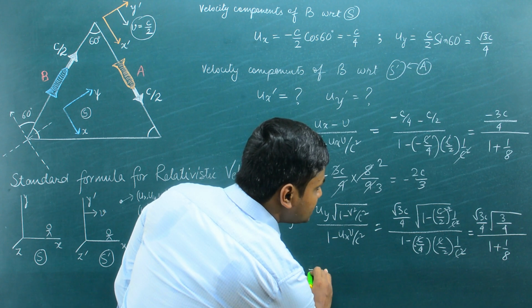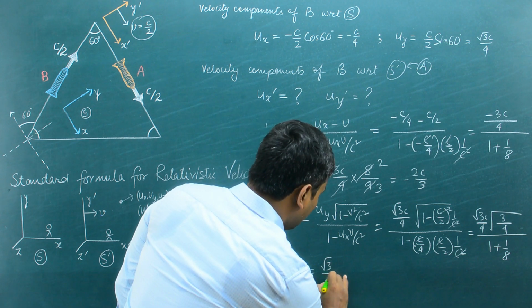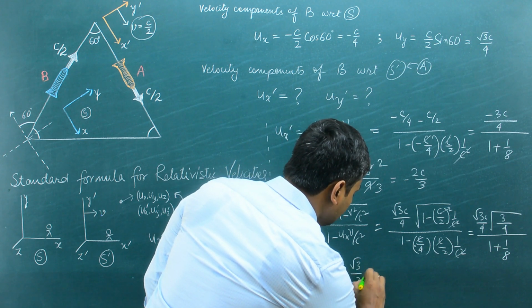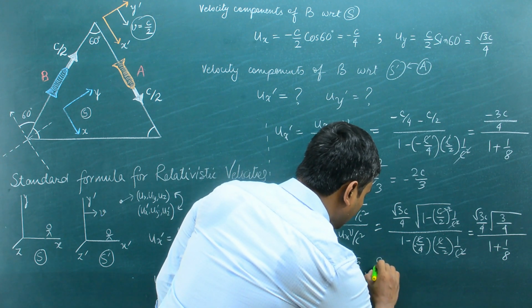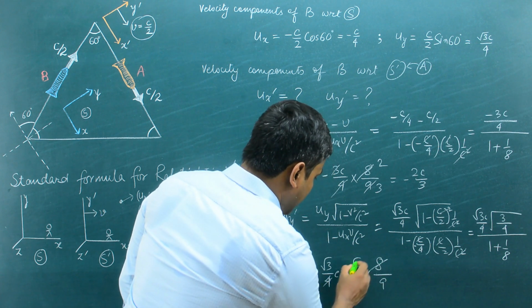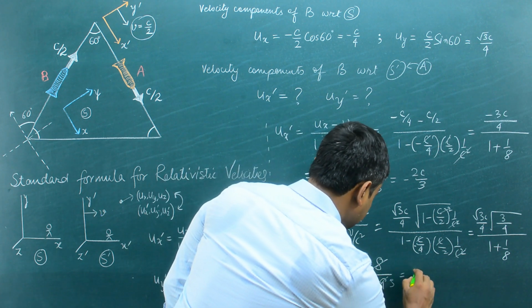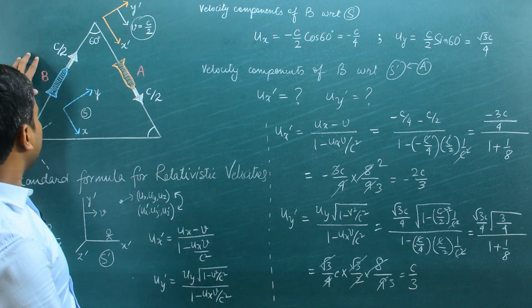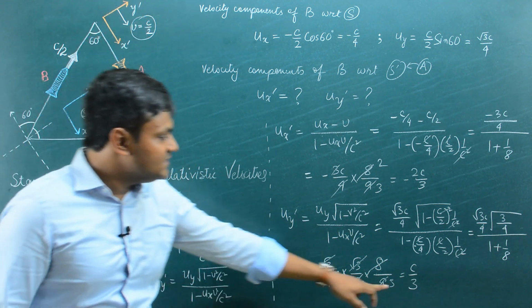So this is nothing but root 3 upon 4 c multiplied by root 3 upon 2 multiplied by 9 upon 8. So this gets cancelled and this becomes 3. This answer is c upon 3. So the velocity component of b along the y dash axis is c upon 3.